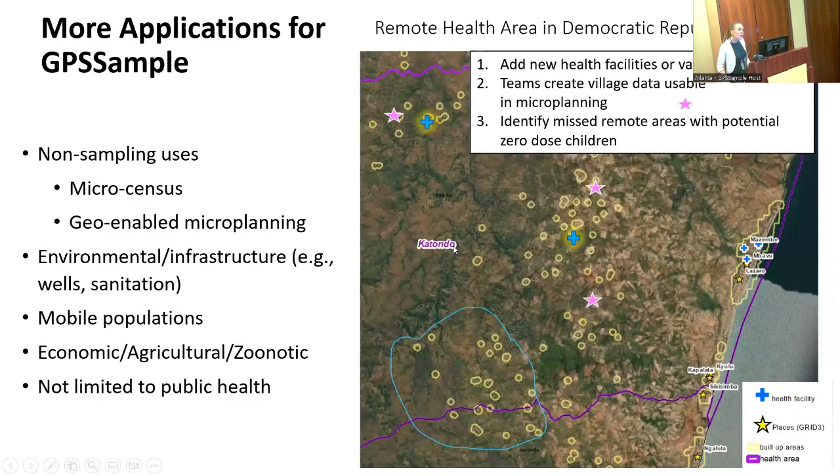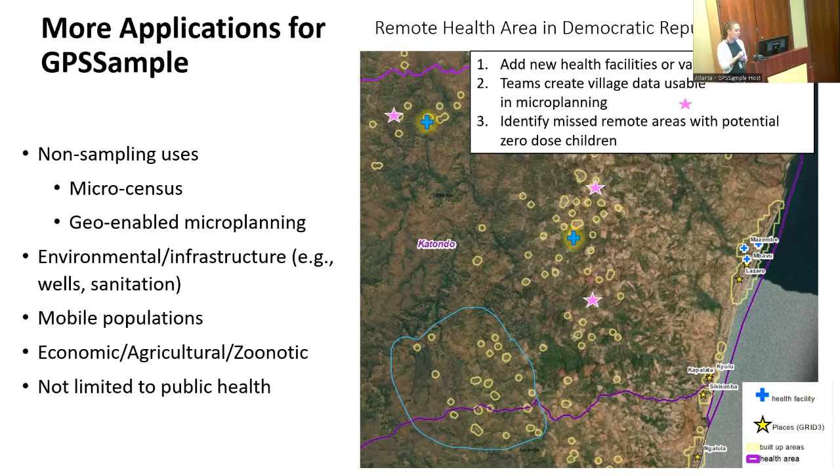We think that there are also these additional applications for GPSSample. This includes non-survey applications, like microcensus and being able to geo-enable microplanning, because while you're out in the field collecting data, you can also collect points of interest.